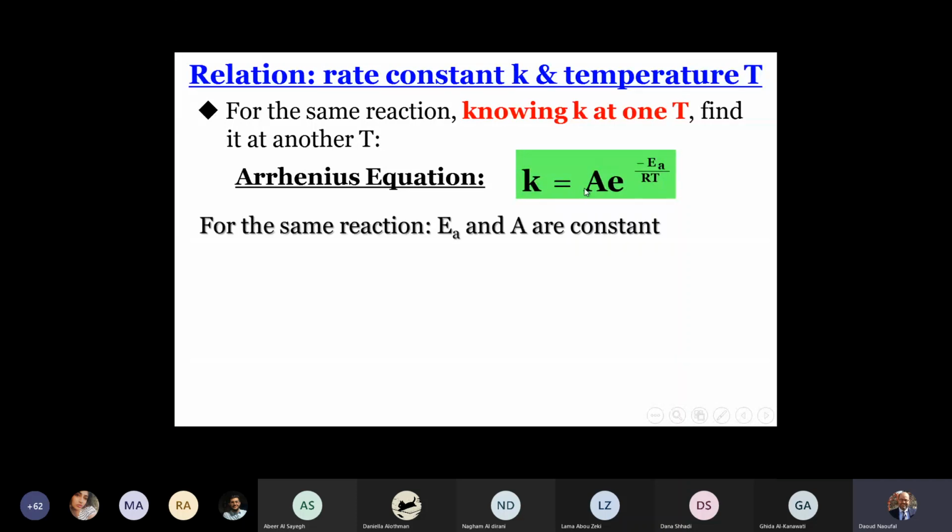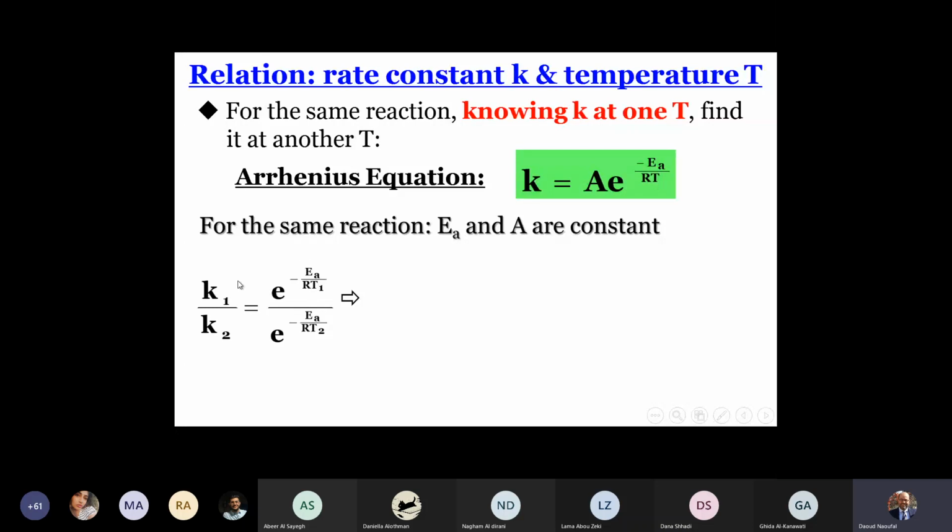So we apply this relation at two different temperatures. We can write K1 equals A e to the minus EA divided by RT1, and K2 equals the same A, since we have the same reaction, e to the minus EA, the same activation energy, divided by RT2.